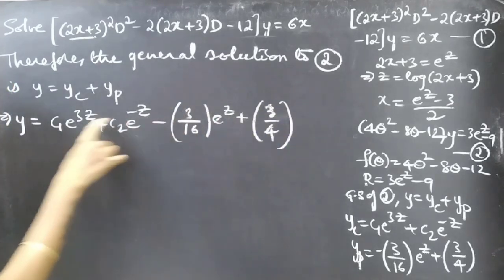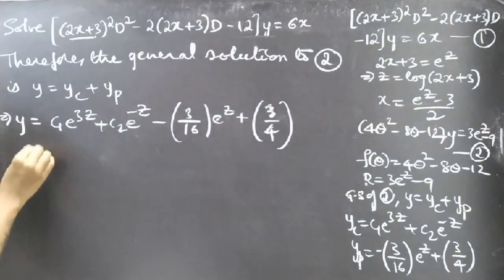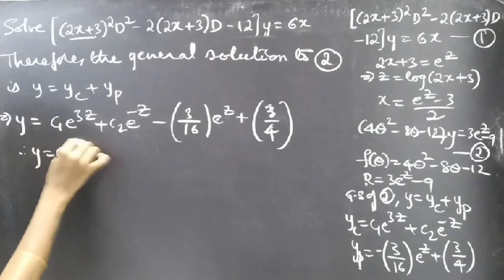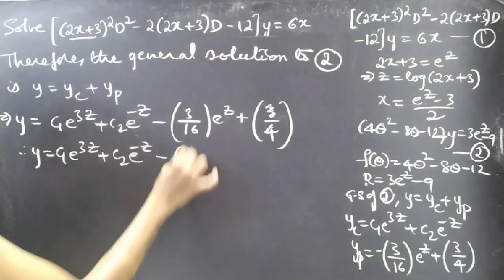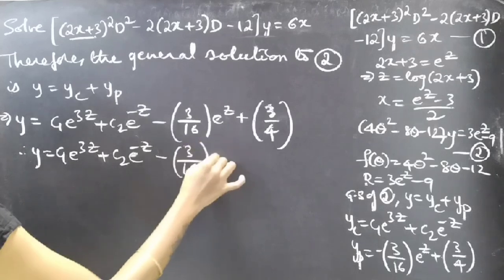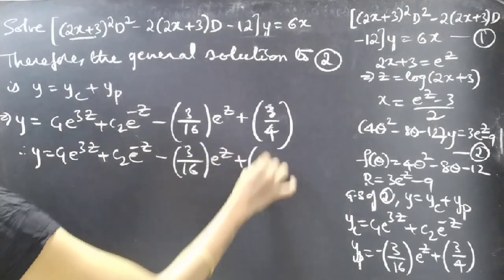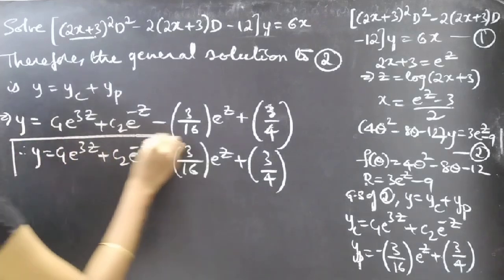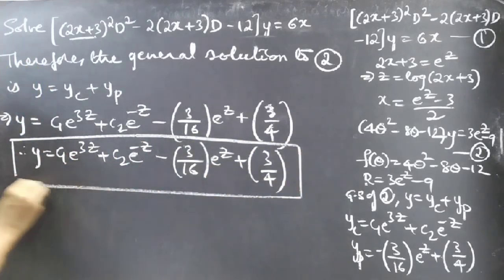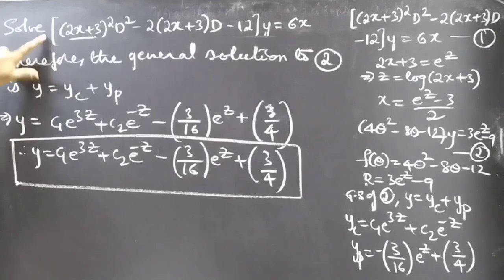See, which is in terms of z, right? This is the solution to the reduced equation, that is the linear differential equation with constant coefficients. Fine. Now we'll find the general solution to this equation using this solution.